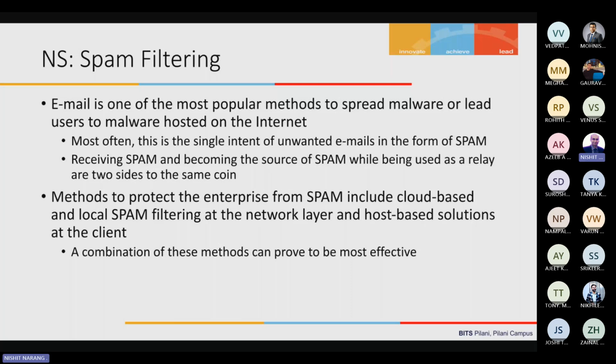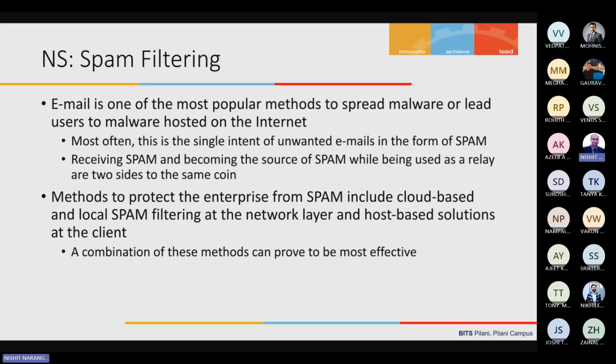When I receive spam, I am not just on the receiving end of malware or unwanted emails in the form of a spam receiver. If I wrongly click on that spam email and it includes malware or some piece of a virus, I could even become the source of spam.